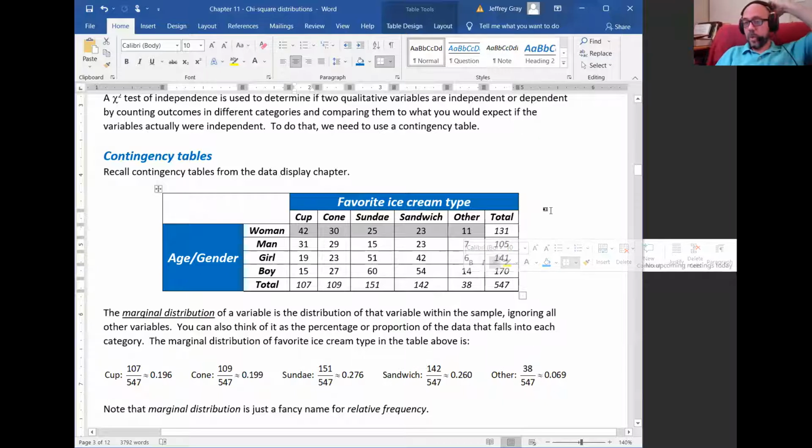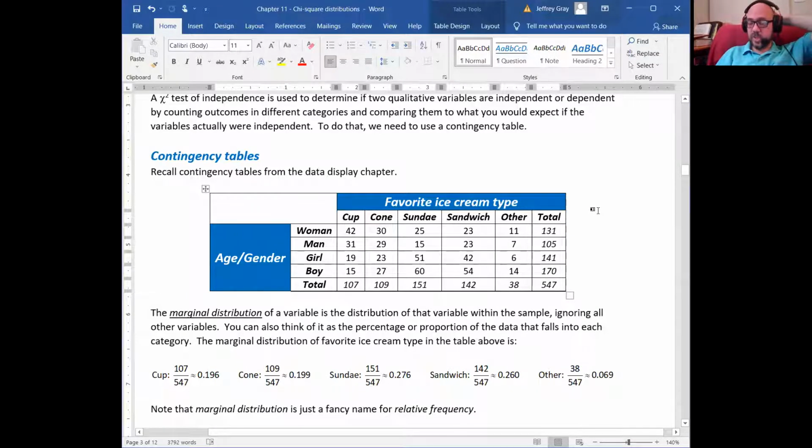So I need to talk about what marginal distributions and conditional distributions are first. The marginal distribution of one particular variable is just the percentage falling into each category. If you think back way to the beginning of the course, it's exactly the same thing as relative frequency.